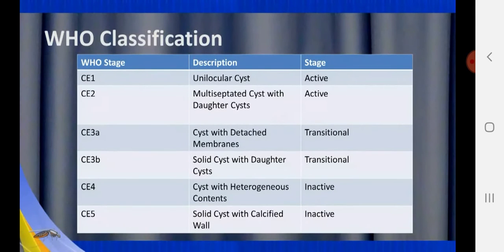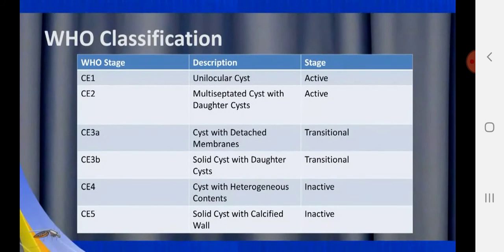Based on radiographic imaging, the WHO classification system divides hydatid cysts into 6 different stages to help guide treatment. WHO stage cystic echinococcosis 1, or CE1, is a unilocular cyst, while cystic echinococcosis 2, or CE2, is a multiseptated cyst with daughter cysts.